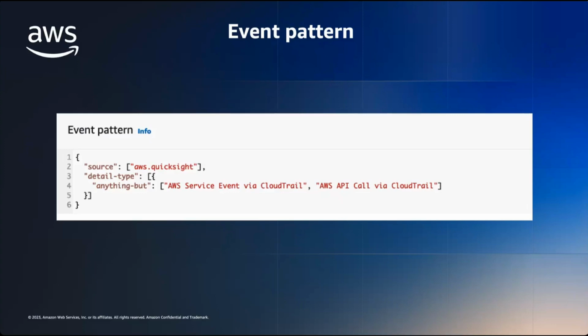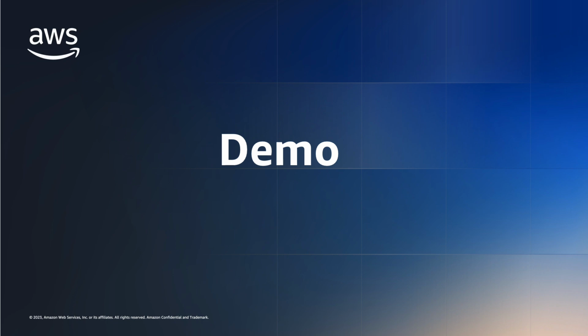The detail types that come on those events are as listed here, AWS Service Event via CloudTrail or AWS API Call via CloudTrail. So if you're not interested in those and you want to hone in on the direct events, then you can use a detail type filter, anything-but, and then specify these two to exclude them. And with that, we will get on to the demo.